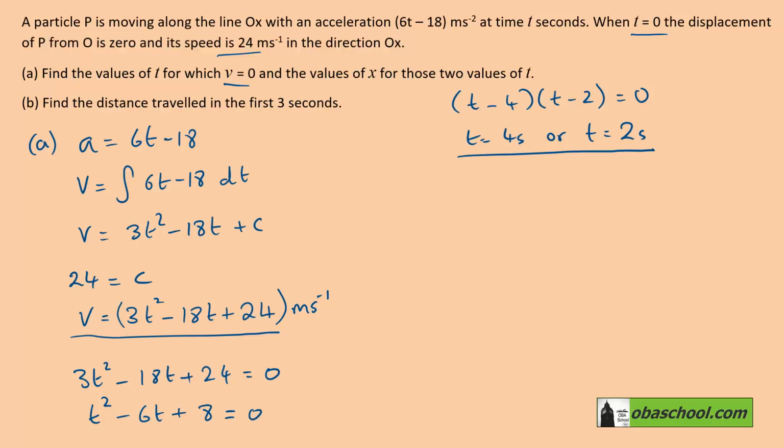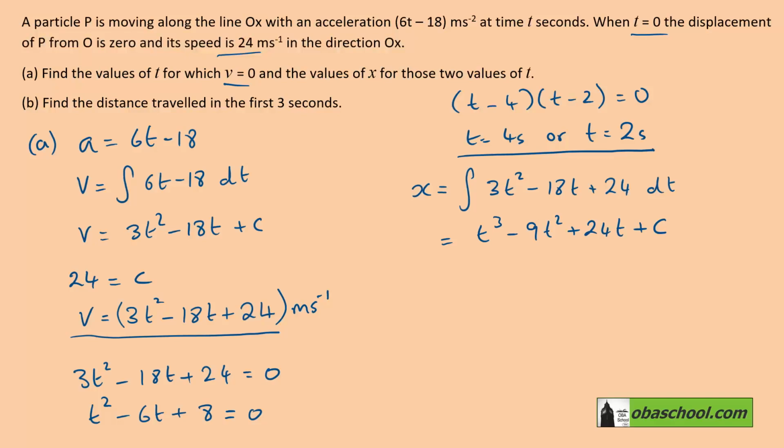Now we want the values of x, or the displacement, for those two values. So displacement is being called x in this question. So x is going to be the integral of 3t squared minus 18t plus 24. So that's 3t cubed over 3, which is just t cubed, minus 18t squared over 2, which is 9t squared, plus 24t plus some constant.